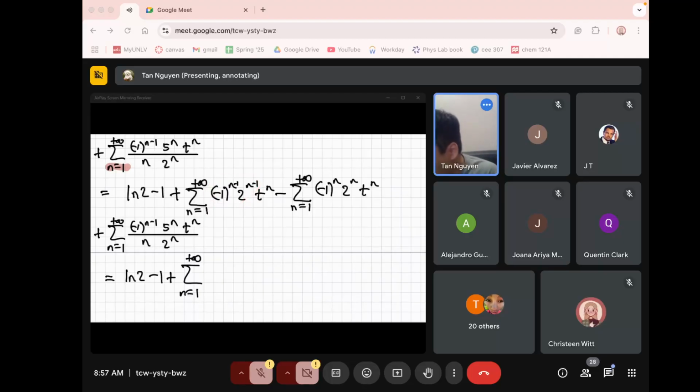So I get negative 1 to the n minus 1, 2 to the n minus 1, minus negative 1 to the n, 2 to the n, and then plus negative 1 to the n minus 1, 5 to the n over n, 2 to the n, and everything, of course, is being multiplied by t to the n.